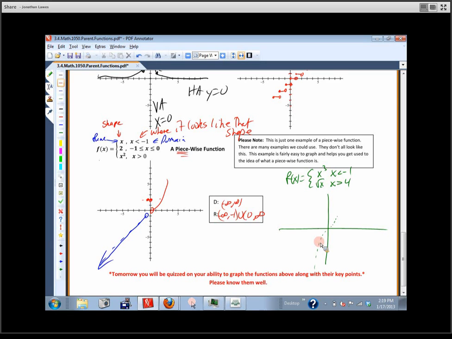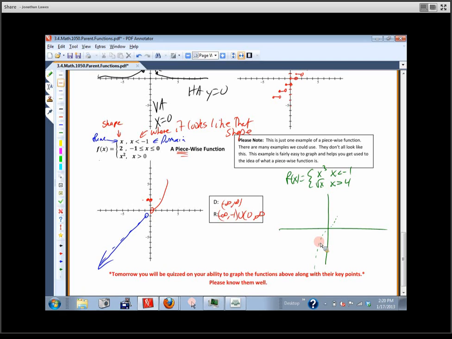This looks like that. I'm only going to keep from 4, which I'm going to keep from here over there. So that's what.